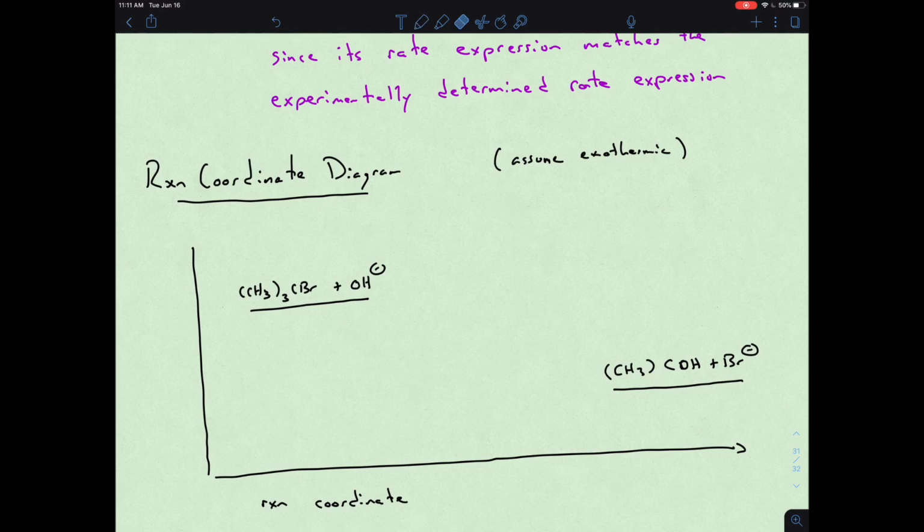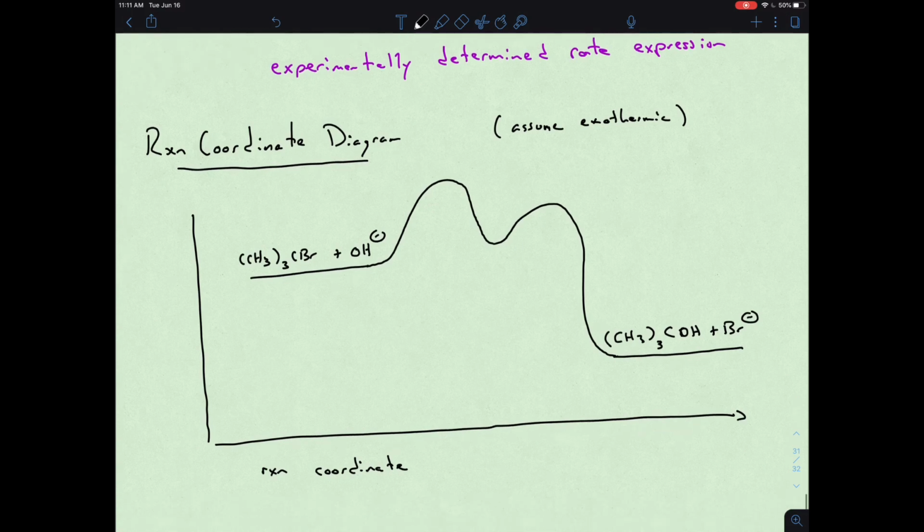We have the OH containing molecule and bromide. And now we have these additional features, which is not 1 hump, but 2 humps before coming down to our products.